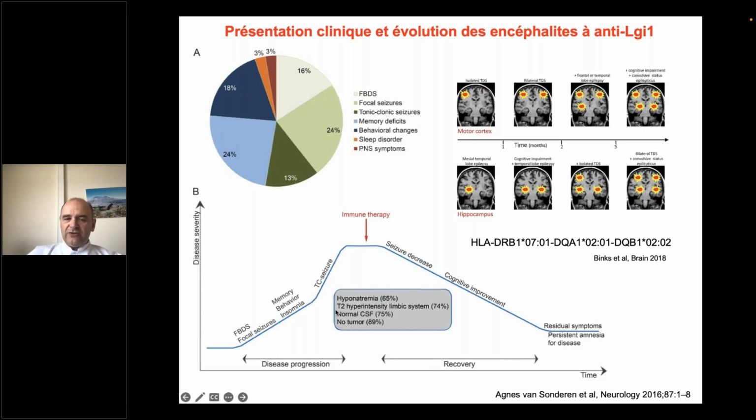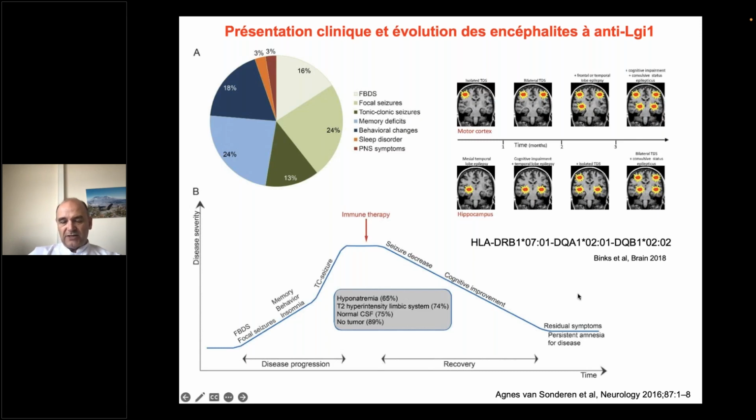But in most of the cases, you can see T2 hyperintensity in the limbic system. And as in patients with NMDA receptor autoantibodies, if you treat these patients with immunomodulatory treatment, you will have cognitive improvement, and in most of the patients, complete improvement.